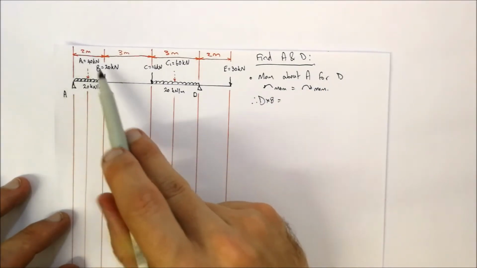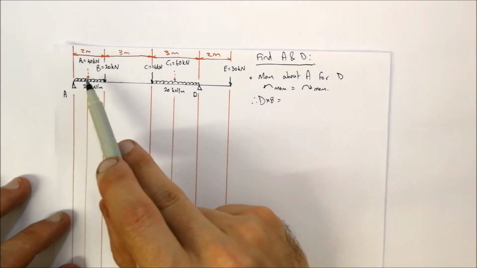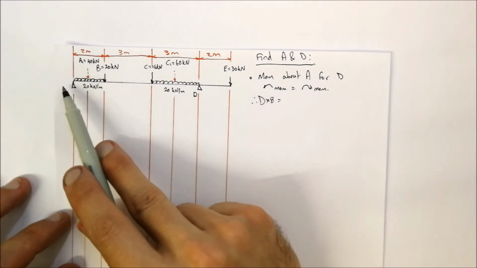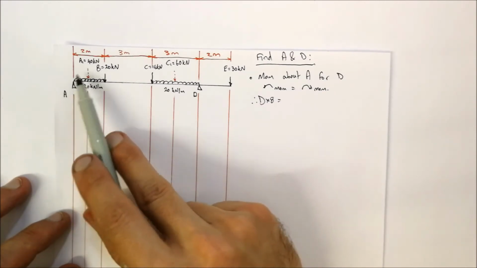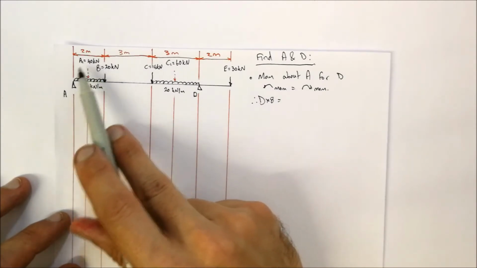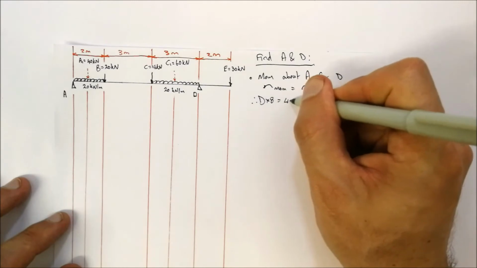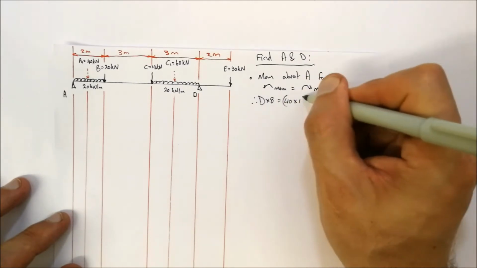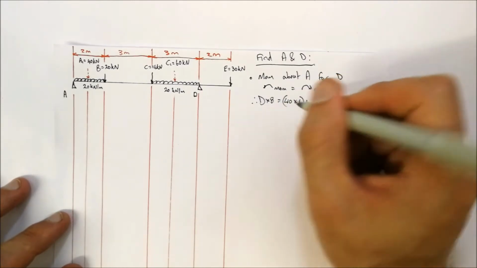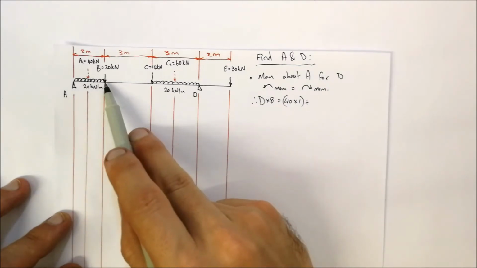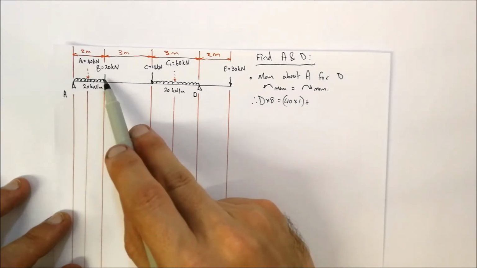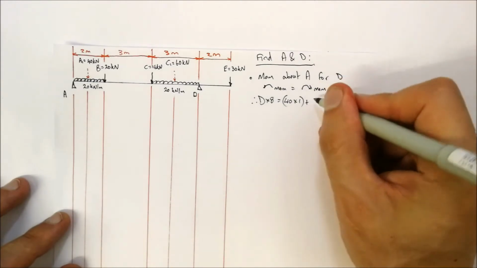We can see that we've got over here our 40 kilonewtons for A1, and that's 1 meter away. So that is 40 multiplied by 1, plus, we've got B over here, which is 20 kilonewtons, and that's 2 meters away.